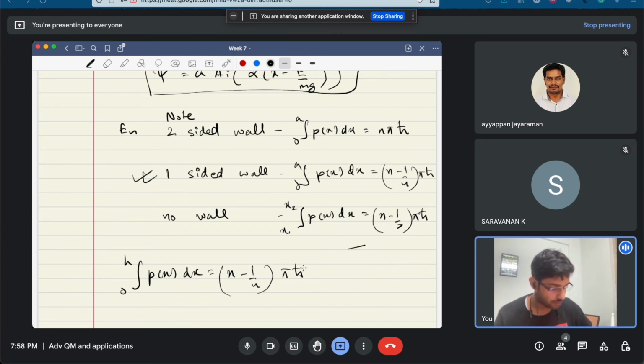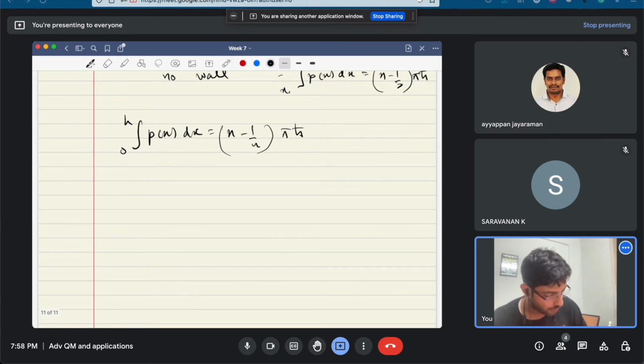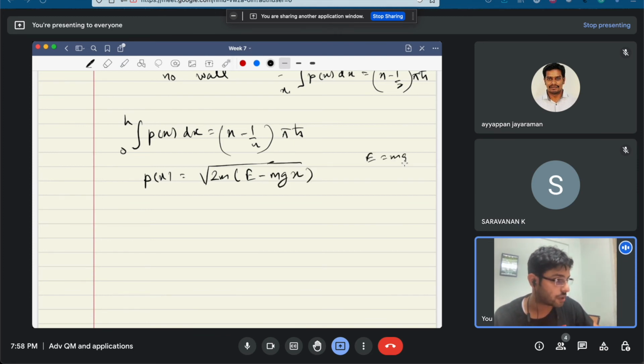So to find the energy, what we essentially have to do is, your p(x) is given as root 2m (E minus mgx), where your E is mgh that you are already aware of. Now we integrate from 0 to h root 2m (E minus mgx) dx, this is what we are supposed to find out.